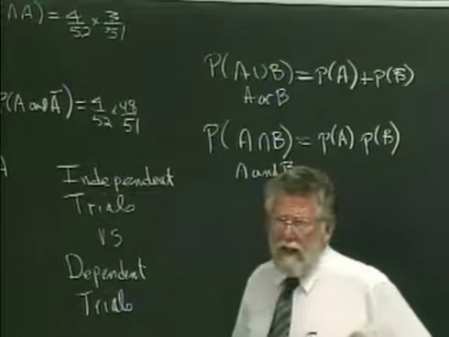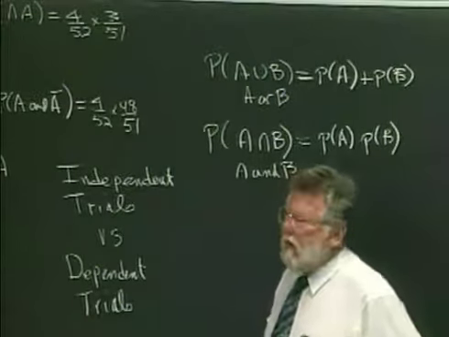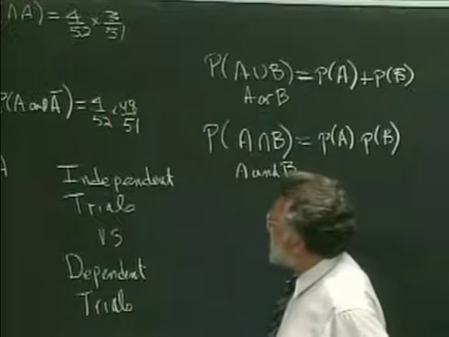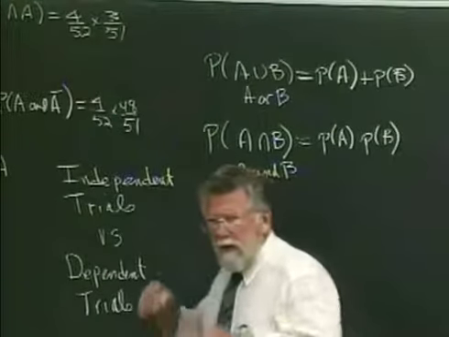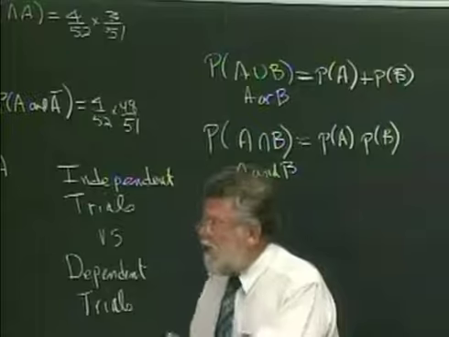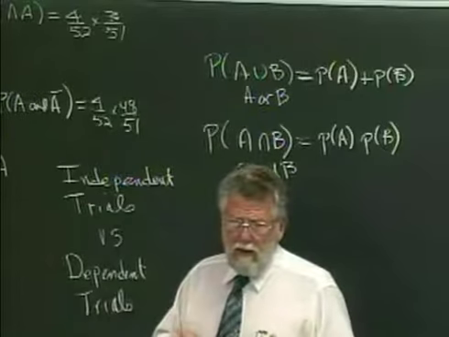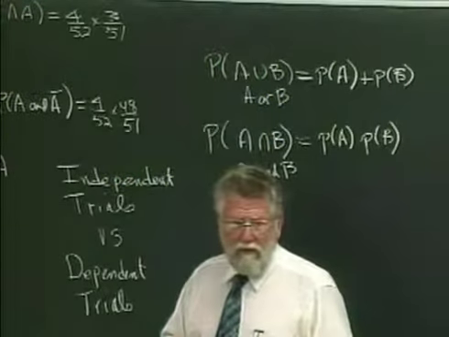Now, notationally, I have to introduce some notation up here. I said the probability you got an ace in the second draw, given you got an ace in what? The first draw. That's what was involved here.